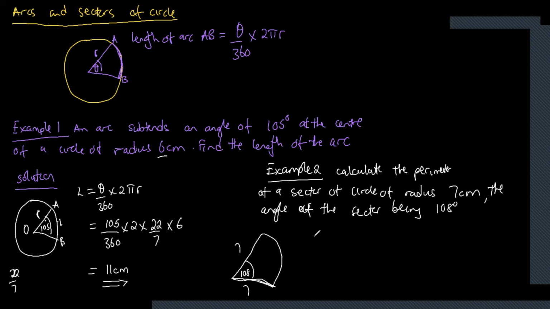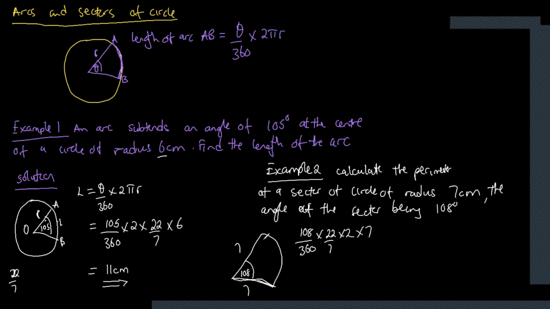So I think we're going to say 108 over 360 times 22 over 7 times 2 times 7. Okay.